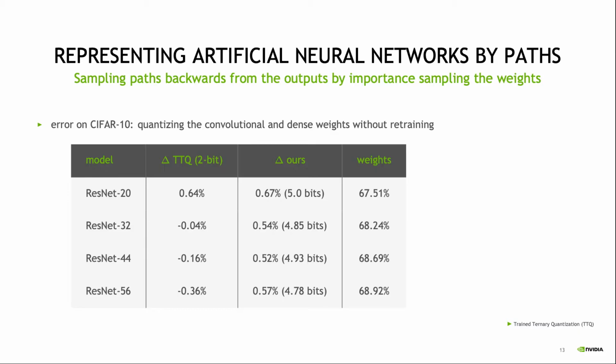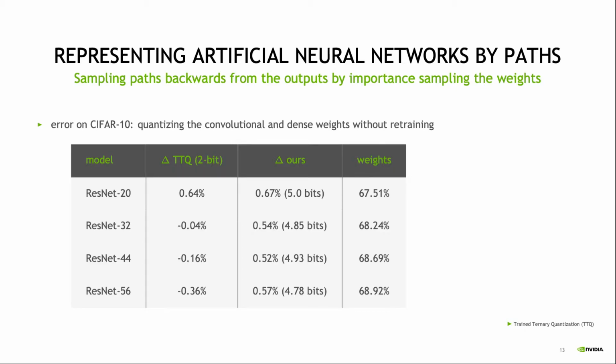For more state-of-the-art neural networks like residual networks, the simple rapid quantization procedure comes into reach of a process that is called trained ternary quantization. For different depths of residual networks, both quantization approaches achieve about the precision of the unquantized networks. With respect to the number of bits required to achieve this quality, our instant quantization is off by a factor of 2.5.